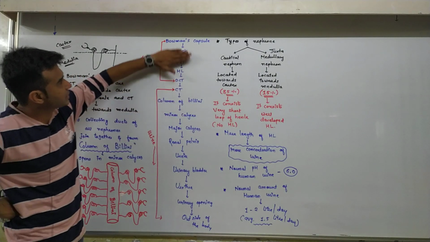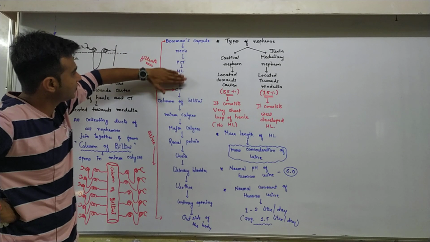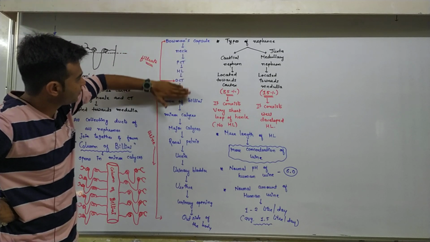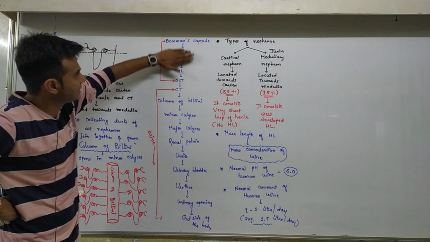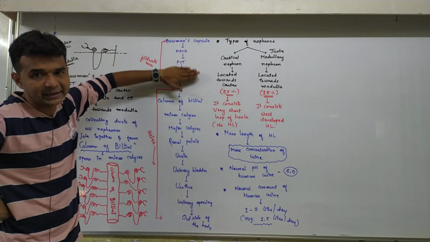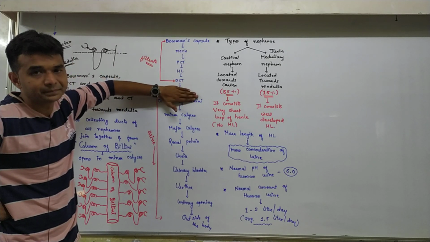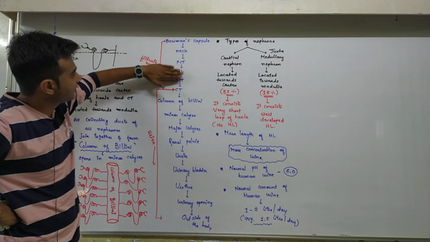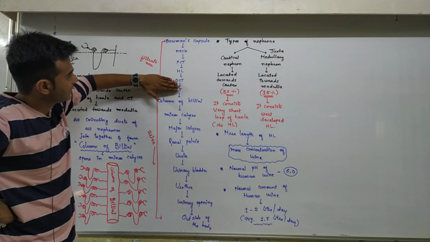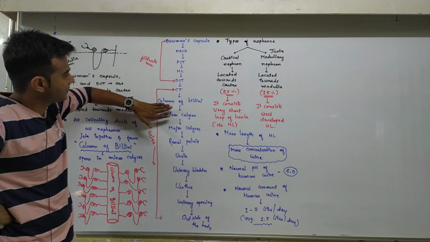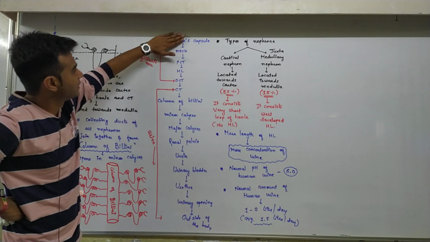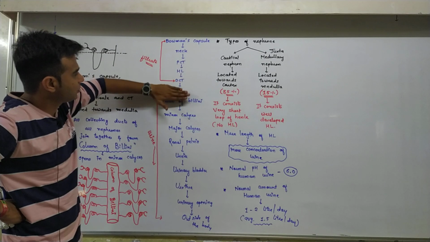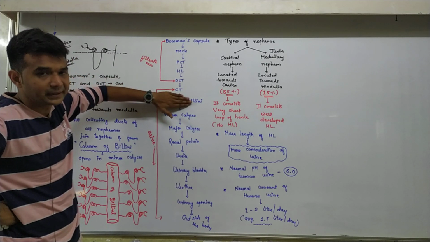So this portion is of the nephron, and this portion is situated in the pyramid in the kidney. All these regions are of the nephron, and so many nephrons join together to form the column of Bellini. So this region is located inside the pyramid.